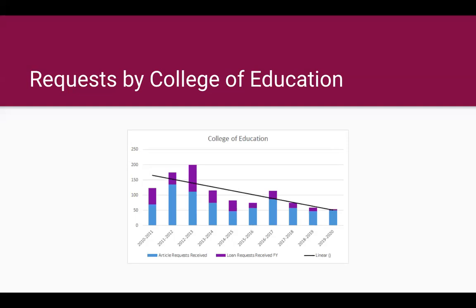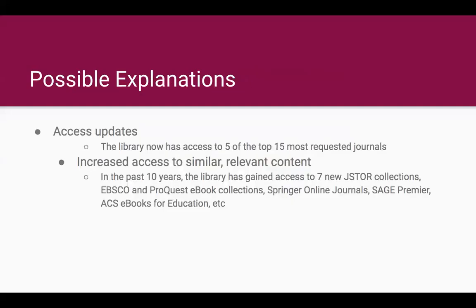So it's possible that this could be explained for a variety of different reasons. It's possible that we purchased access to a journal that they had been requesting regularly, and now patrons can access that just through our normal collection, which is actually the case. If you look at our top 15 most requested journals by the education department, we now have access to 5 of those.